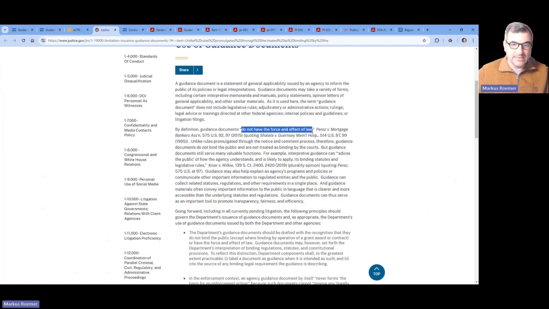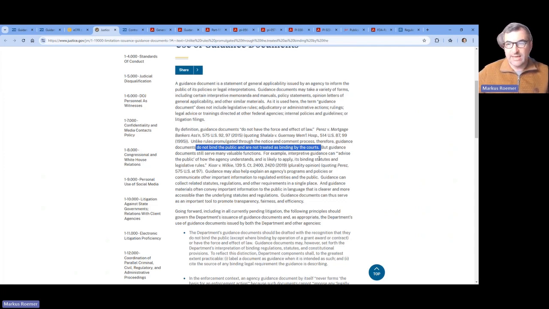So, unlike rules promulgated through the notice and comment process, guidance documents do not bind the public and are not treated as binding by the courts. If you are in front of a court, it's already really late, and it will hurt. But again, a guidance for industry document does not have this legally binding effect.